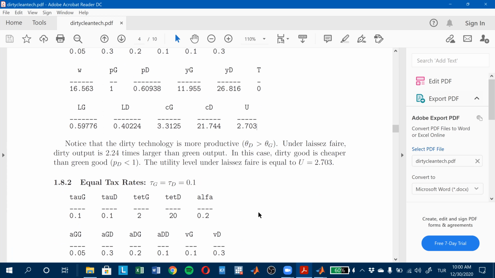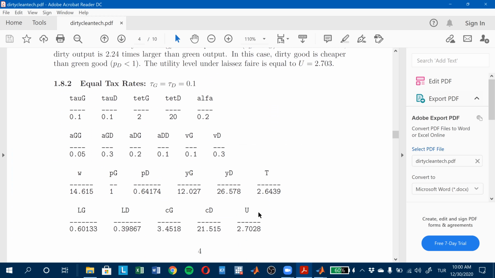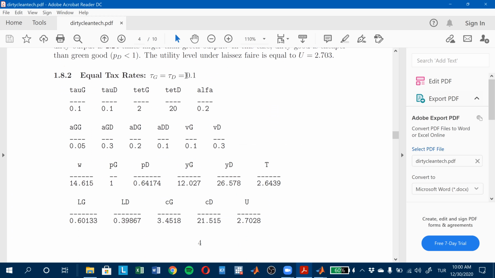Now, if I put the tax rates, equal tax rates, 0.1, okay? I got these results. Now, what does change here? Well, when I tax the goods with an equal tax rate, that's important.